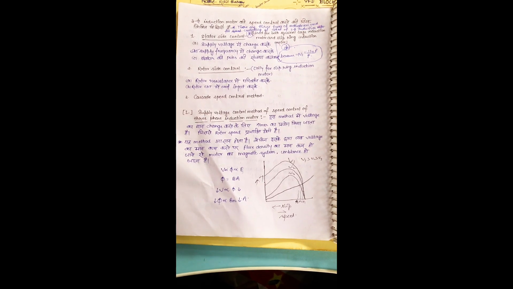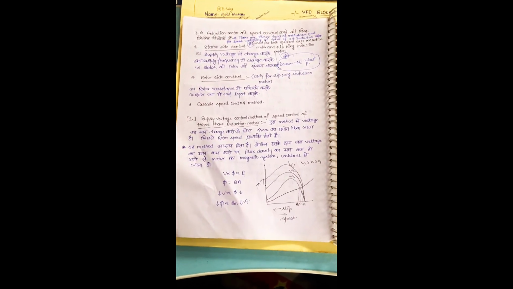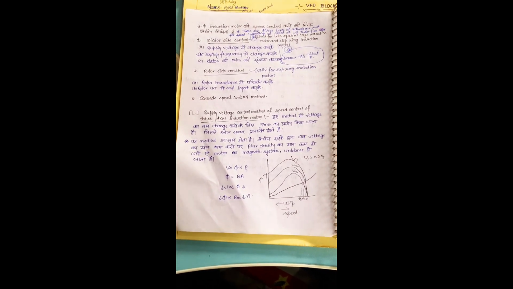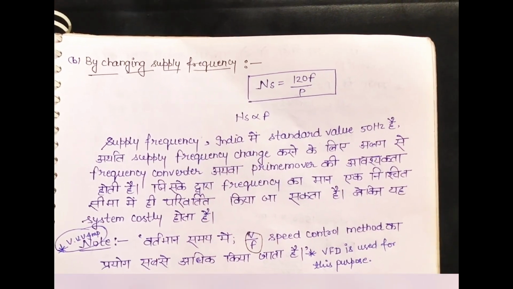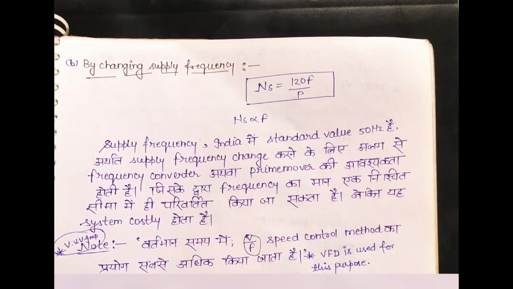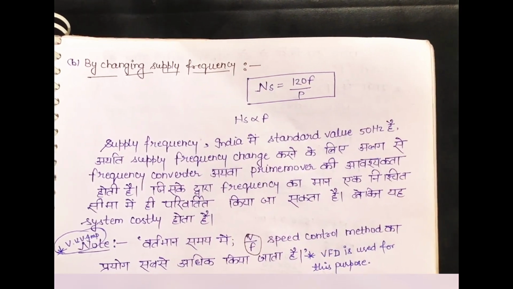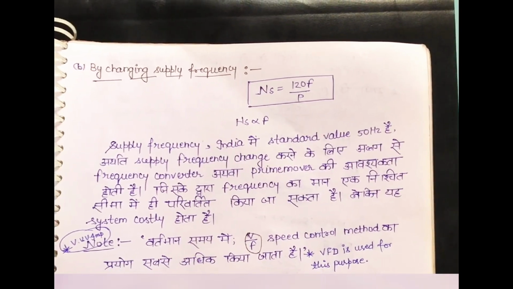Number one, supply voltage control method for speed control of a three-phase induction motor. In this method, to change the magnitude of the supply voltage, we use a transformer. Since it affects the speed, this is another method of speed control. By the formula, you can easily understand that the speed of a three-phase induction motor is directly proportional to the supply frequency. In India, the standard value of supply frequency is 50 Hz.